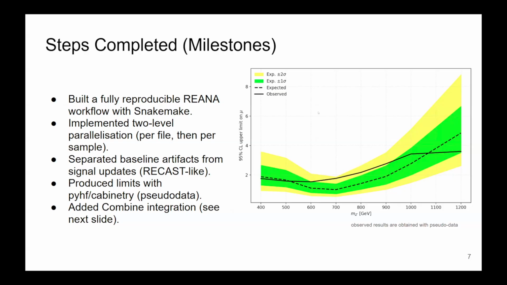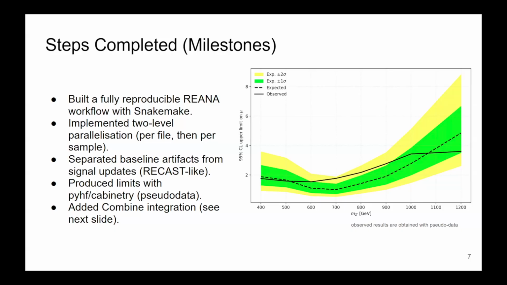Here is a list of completed milestones: a fully reproducible REANA workflow driven by Snakemake with each step containerized; two-level parallelization, per-file processing and per-sample merges; clear separation of baseline artifacts and signal updates; end-to-end artifact and log preservation for easy debugging and review.